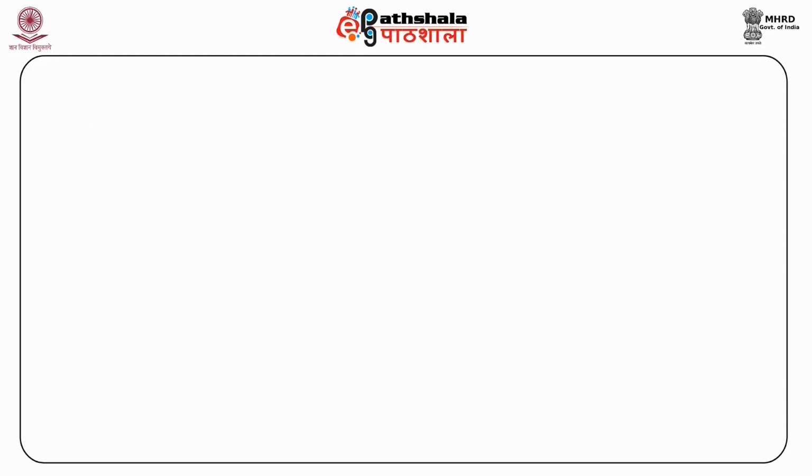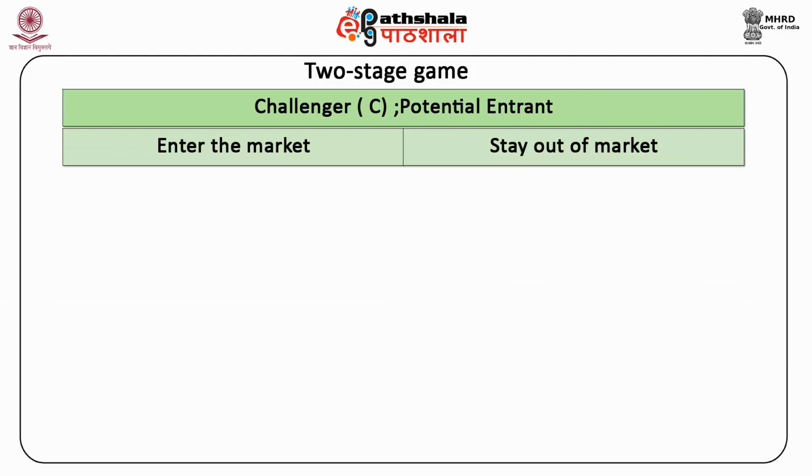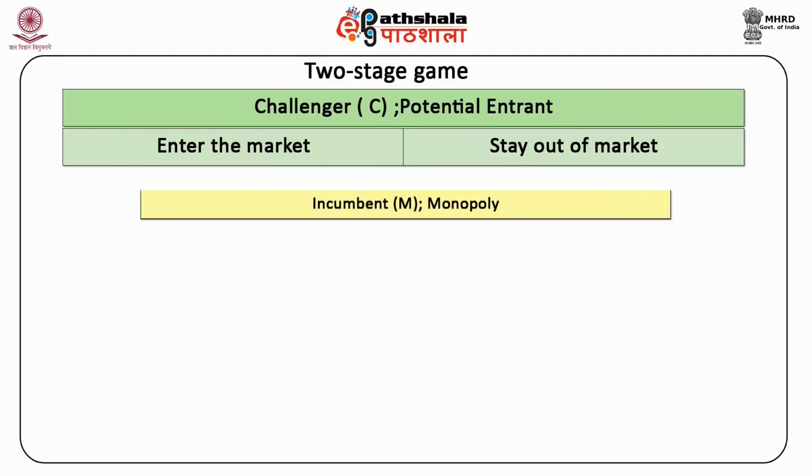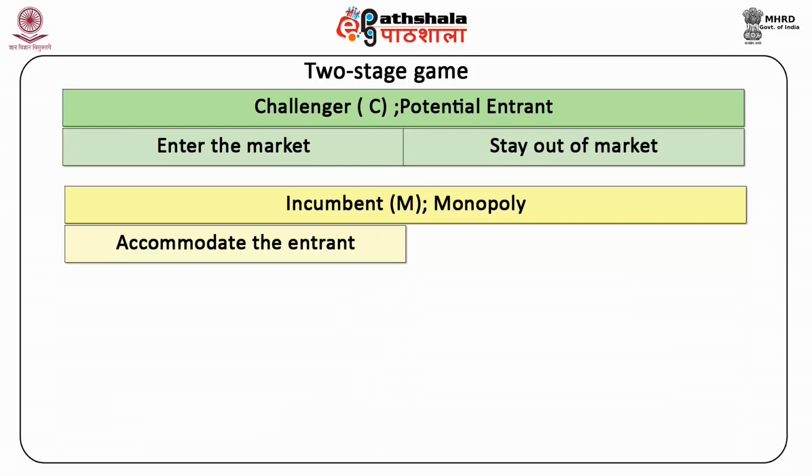Let us understand this by considering a simple two-stage game in which first a potential entrant called challenger, denoted as C, decides whether to enter the market or stay out, and in the second stage the incumbent, denoted as M, which is a monopoly in the market, decides whether to accommodate the entrant or fight with it.